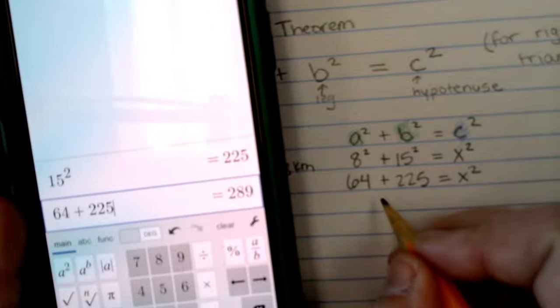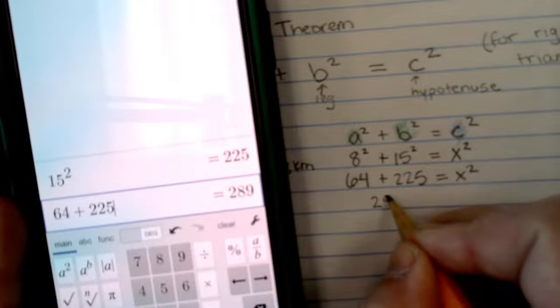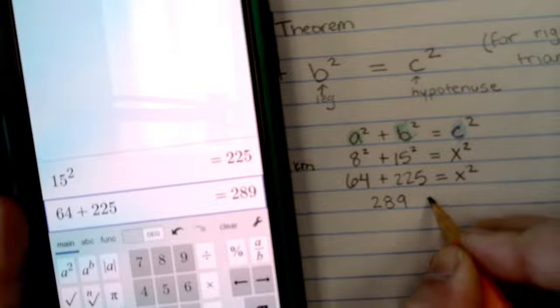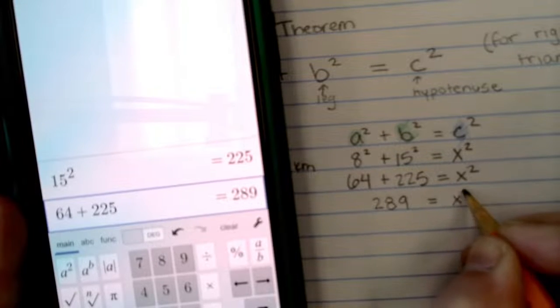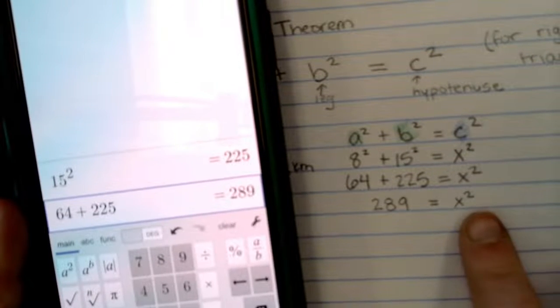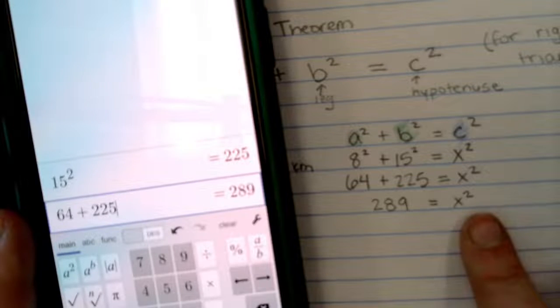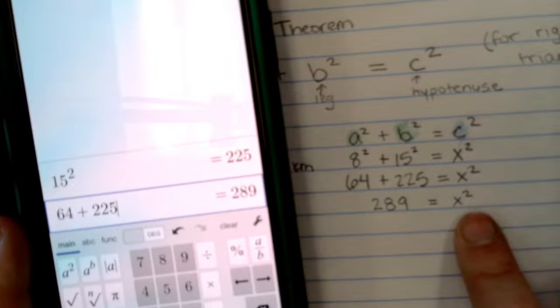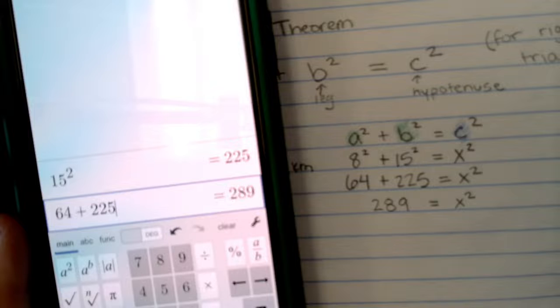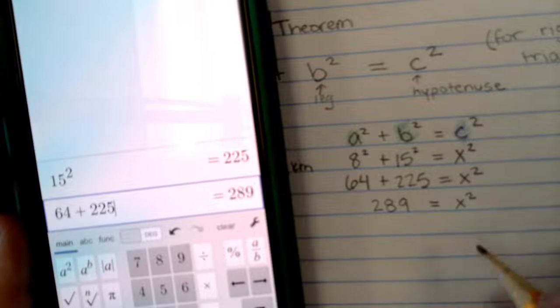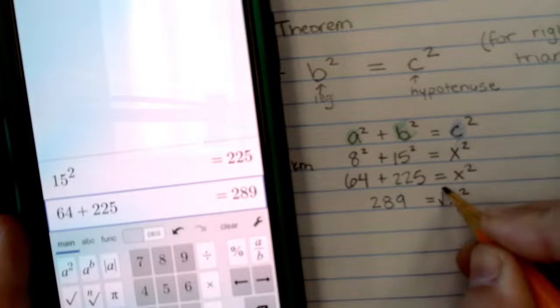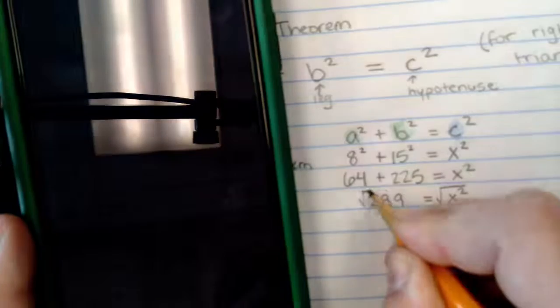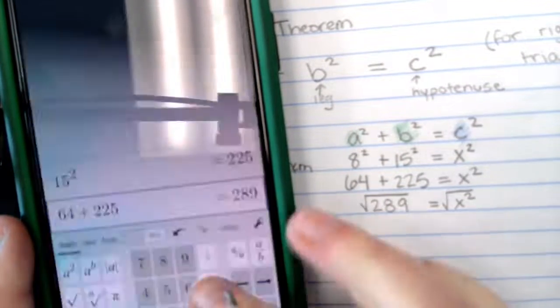So the square root of 289 is 17. Okay, so my final answer, though, if I want to label it, it'd be 17 what? Kilometer. Alright, we're going to do one time to work.